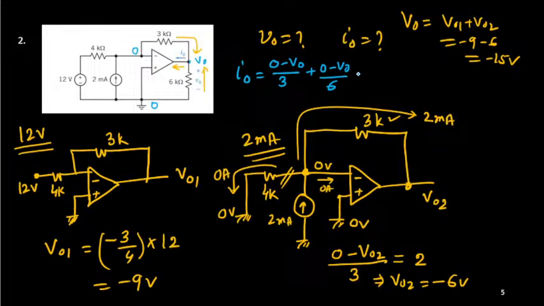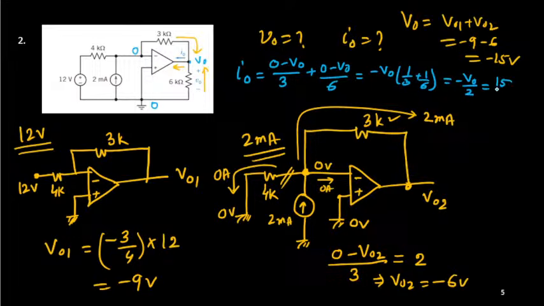Okay, so what is this? So minus V naught, you can combine this 1 by 3 plus 1 by 6. I think it is minus V naught by 2, and that is minus, so minus minus is plus.